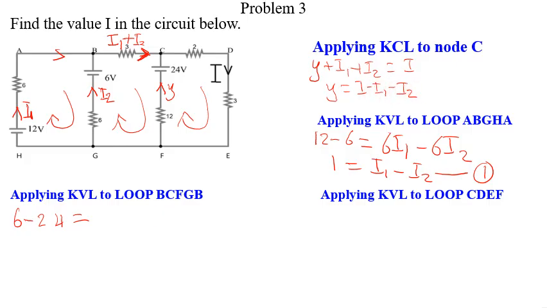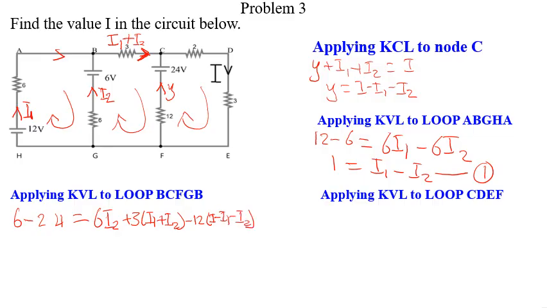So our voltage drops now become 6I2 plus 3(I1 plus I2) minus 12(I minus I1 minus I2).